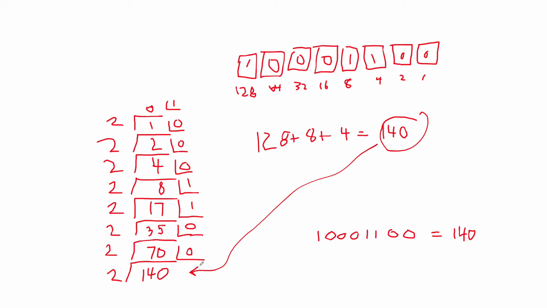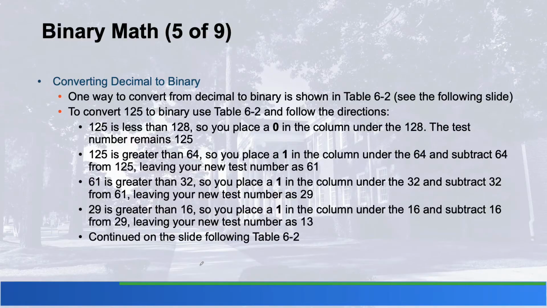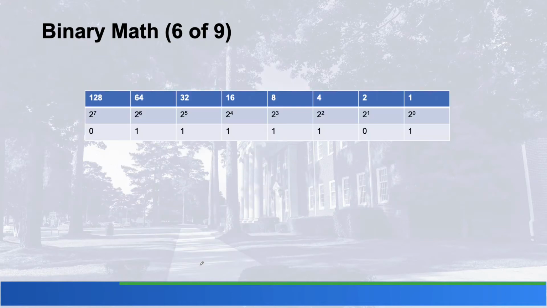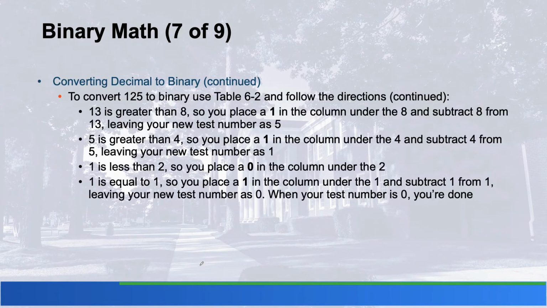So, in order to go back from decimal to binary, we just divide by 2 and find the modulus of each division problem. These are place values. That's what it's showing you.